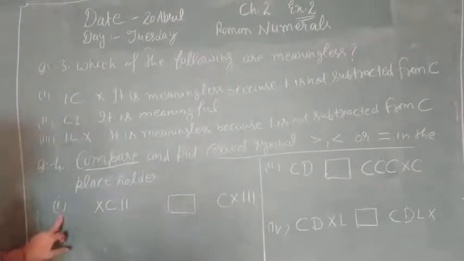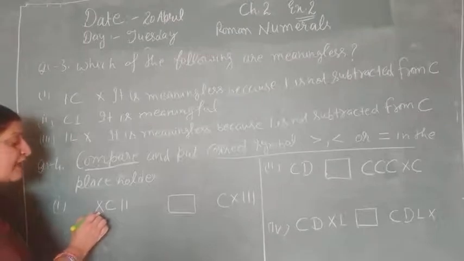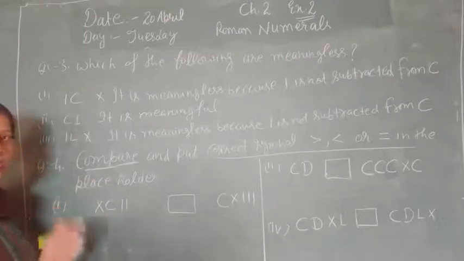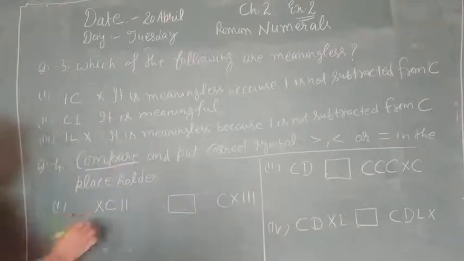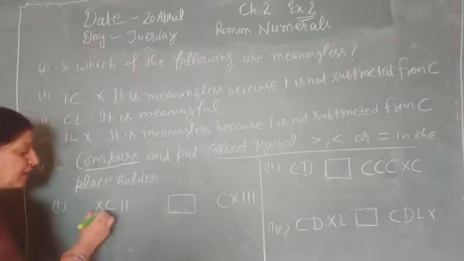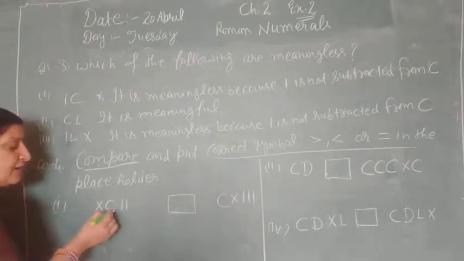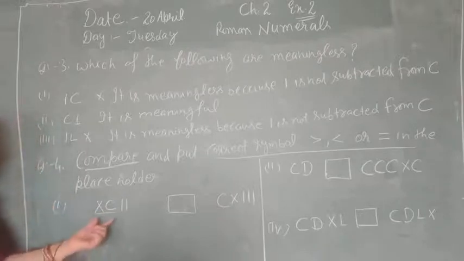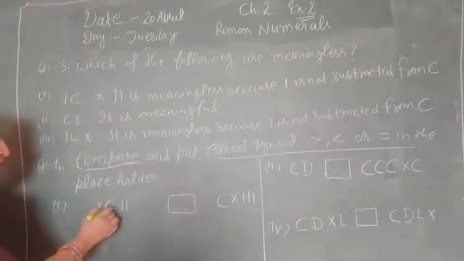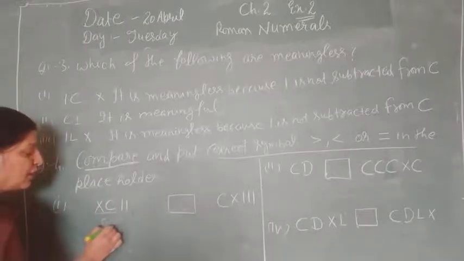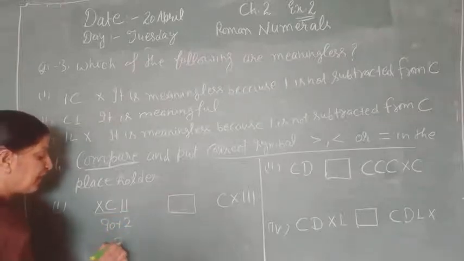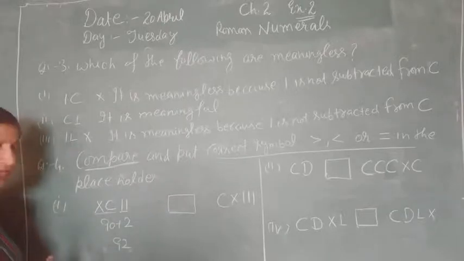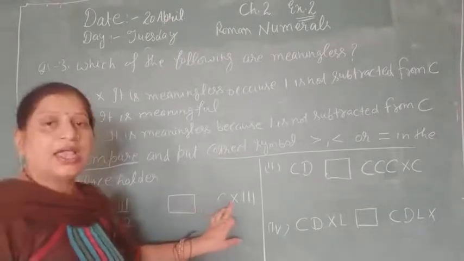Now here the first question is XCII. First of all, we have to make a number from these symbols. The first number is X and second is C. It means that from a bigger number we subtract the smaller number. So XC is written for 90 and this number is 2. So our number becomes 92. Clear this one? Now here CXIII.